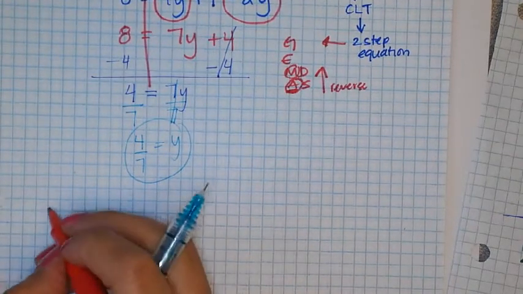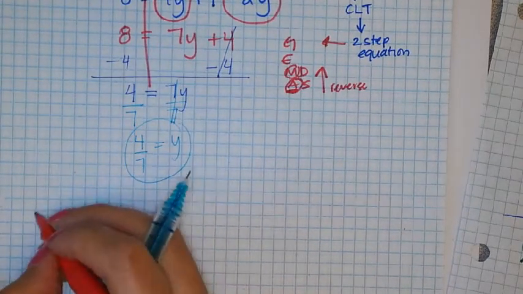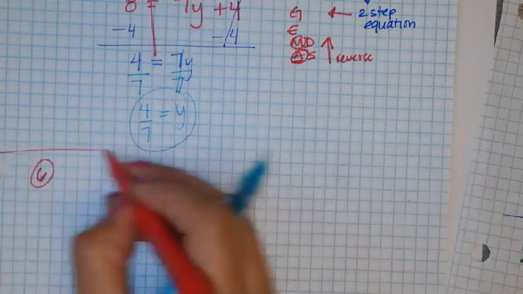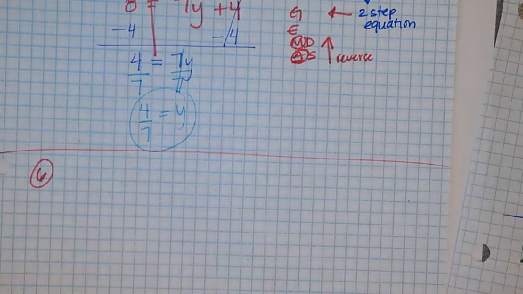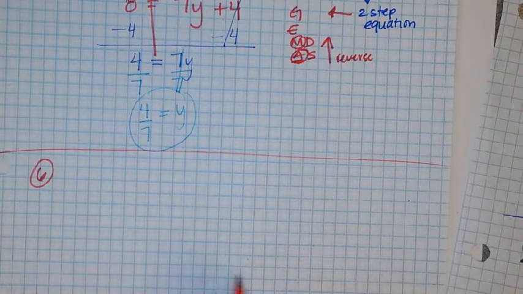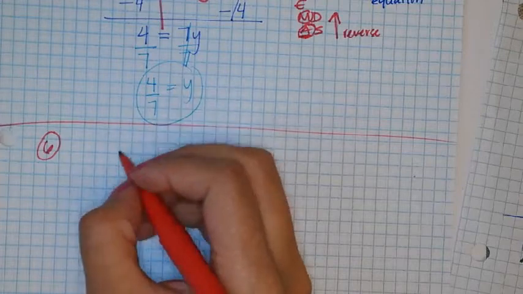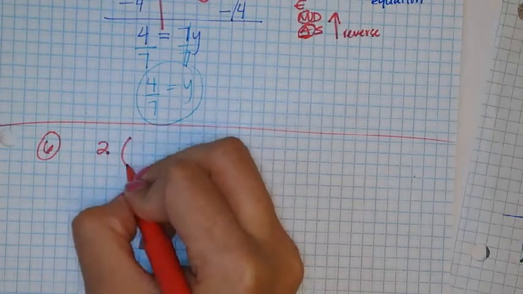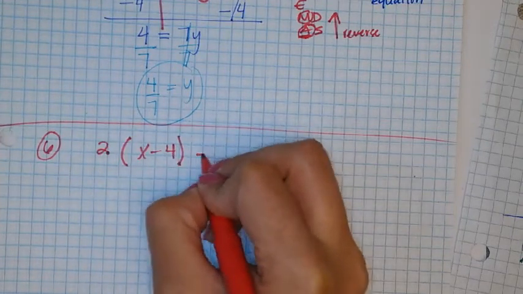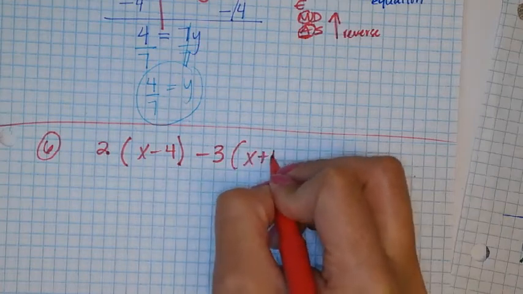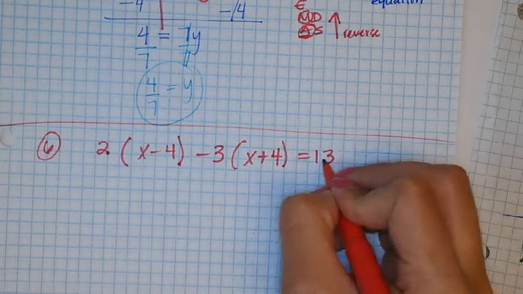Alright, the next one will be number 6. So for number 6, I have 2 times x minus 4 minus 3 times x plus 4 equals 13.